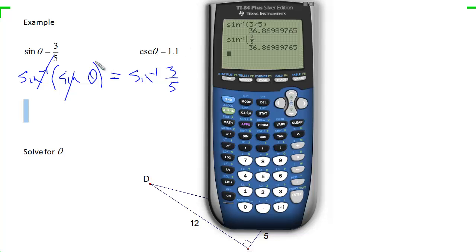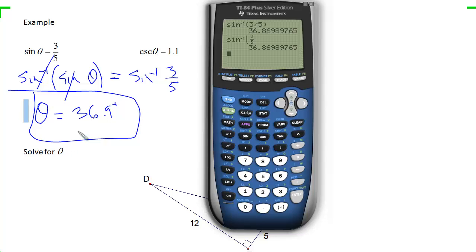Either way nets you the same result. That's 36.9 degrees. So in this case, theta equals 36.9 degrees. And that's my solution.